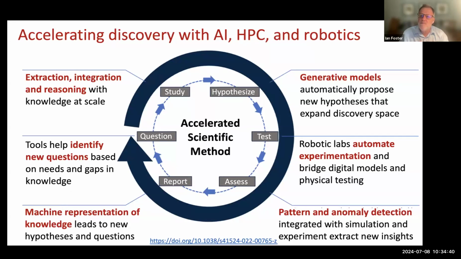Based on that, we may be able to generate new hypotheses. You'll hear about that from some speakers. With a hypothesis and perhaps a proposed method for testing it, we may then want to program an automated robotic lab to actually perform an experiment, or alternatively, we might want to program a set of computational tests to validate a hypothesis, and so on and so forth.